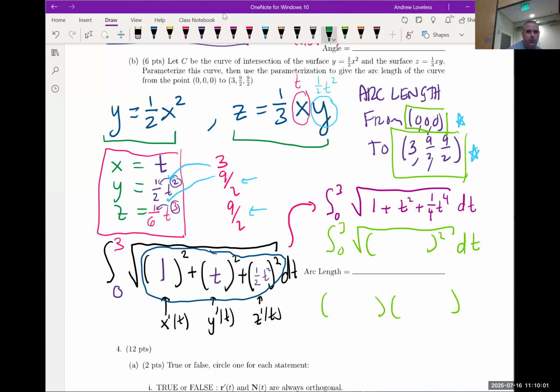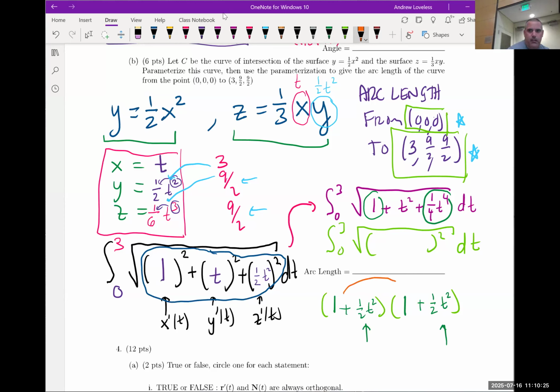So in order for it to be a perfect square, you'd have to take the square root of 1, which is 1. In order to be a perfect square, what would the other term have to be here? What's the square root of 1/4 t to the 4th? It's 1/2 t squared. And then we're going to cross our fingers and hope that that does indeed factor. Let's check.